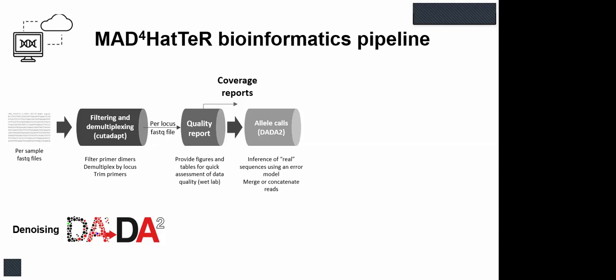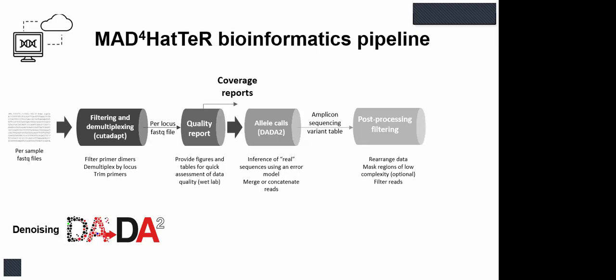Here we use inference of real sequences, and we use a couple of error models to merge and concatenate the reads. After this, the amplicon sequencing data is put into a variant table, which we take into post-processing filtering.